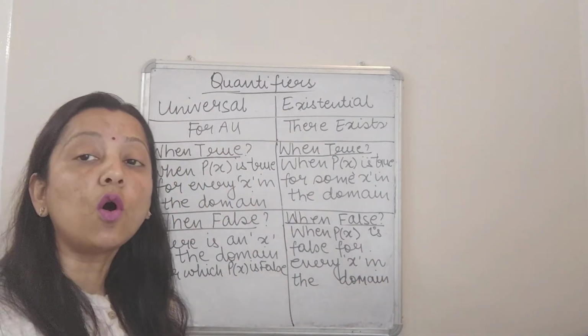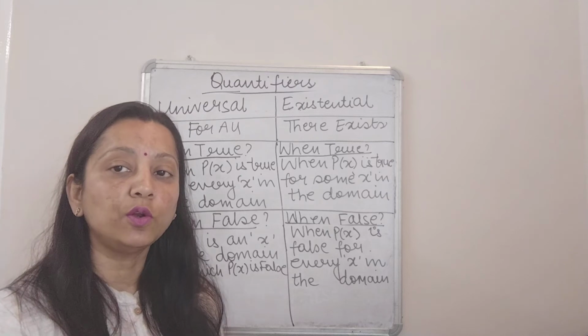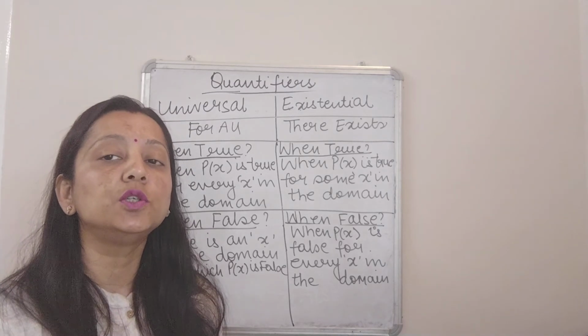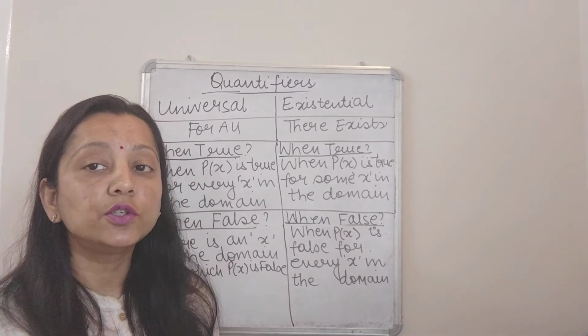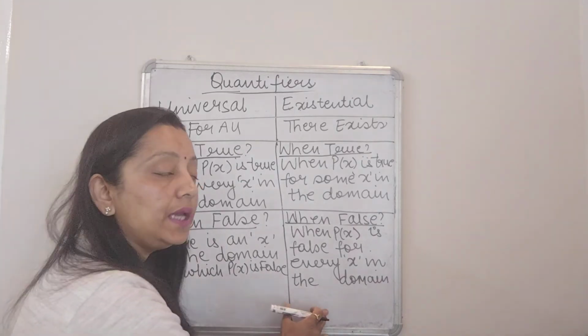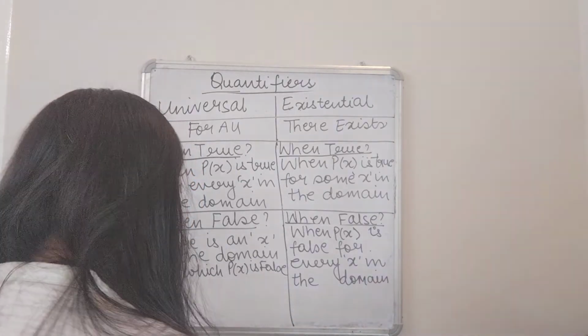That means when all the values for x from the domain of x have a truth value false, then the existential quantifier is considered to be false.